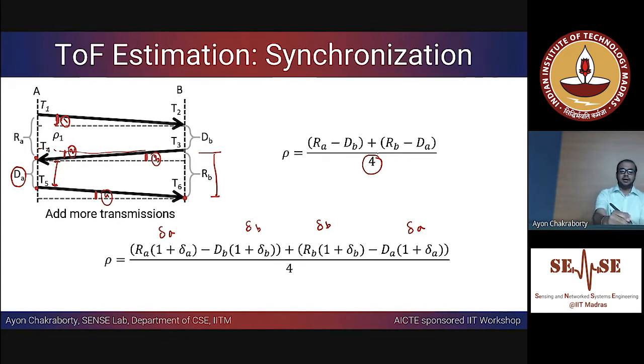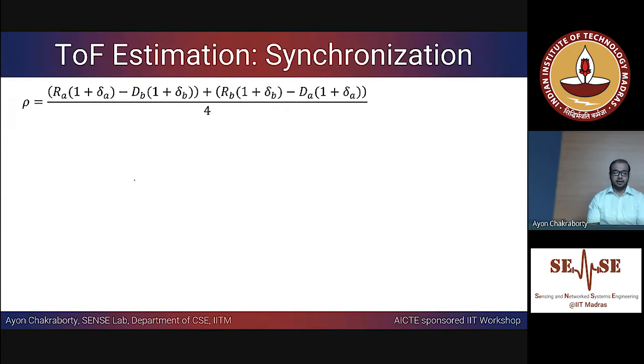So 2 and 3, note that it is overlapping. They are not separate time instances. It's the same time instance, but it was calculated twice, because RA accounts for that and RB also accounts for that. This is a common region, so it comes twice. That is why 2 and 3 are equivalent. So 1 rho from here, 2 rho from here, and 1 rho from here. That's 4, divided by 4.